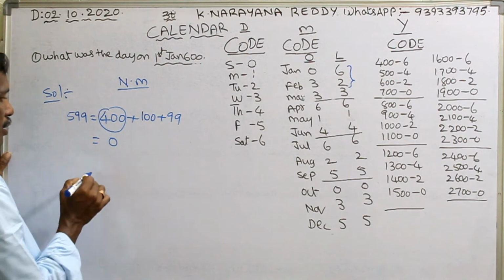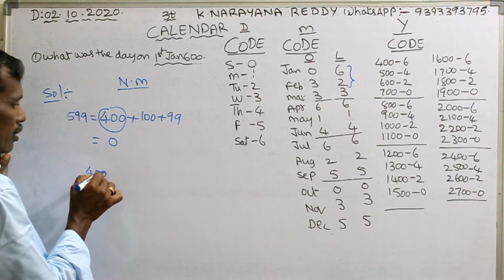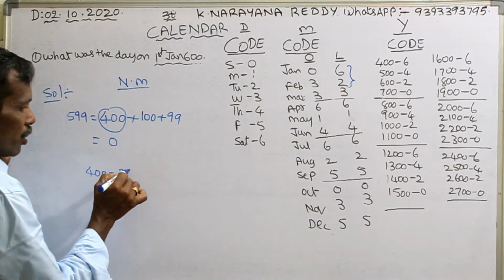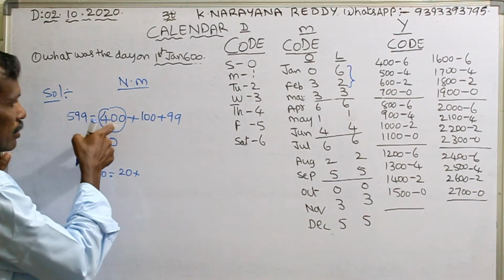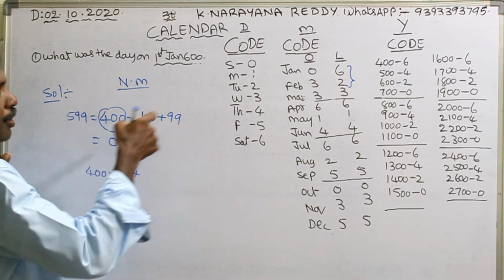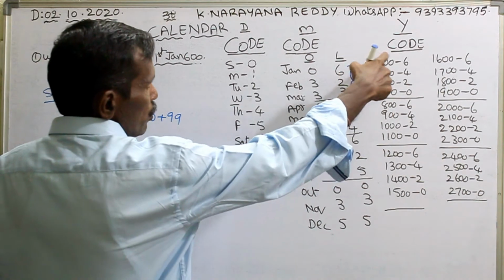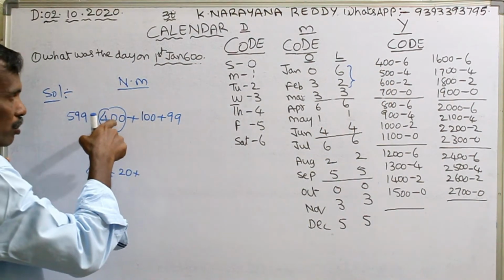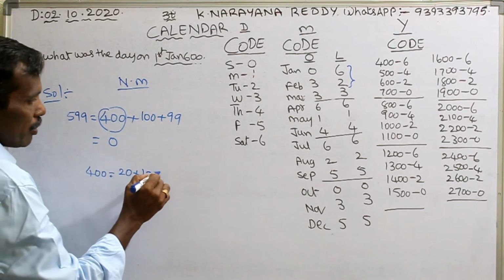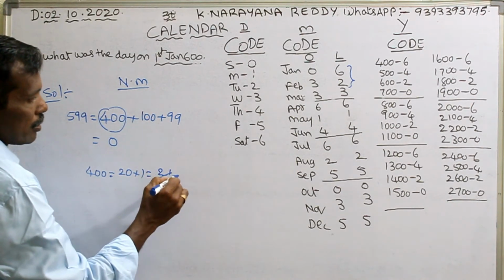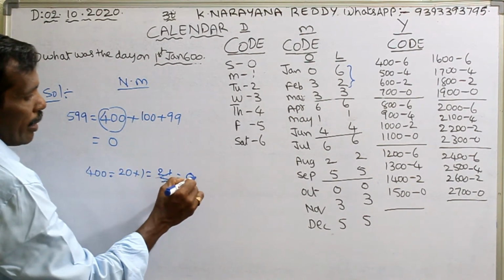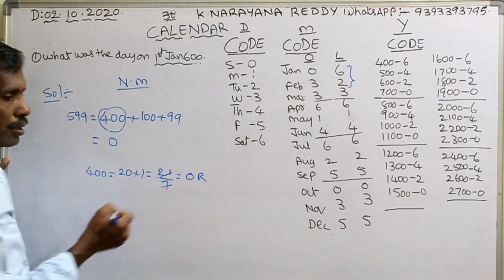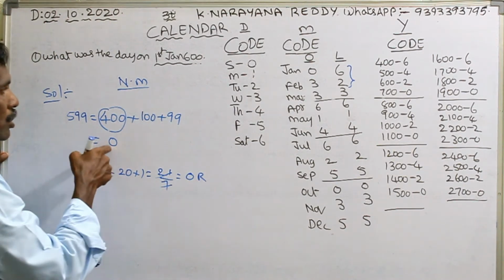Why? Because 400 contains 4 centuries, 20 plus 1, including the leap year. Here we are not including the leap year, we are just taking the 4th century, but here you are including the 4th century, that is why you take 21. 21 divided by 7 gives 0 as remainder, 3 is quotient, that is why 0 odd days.